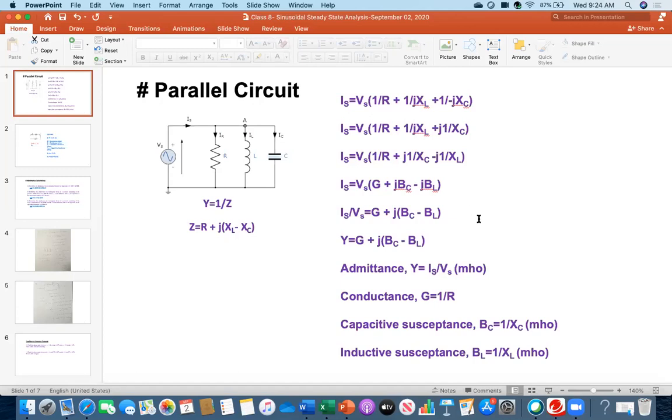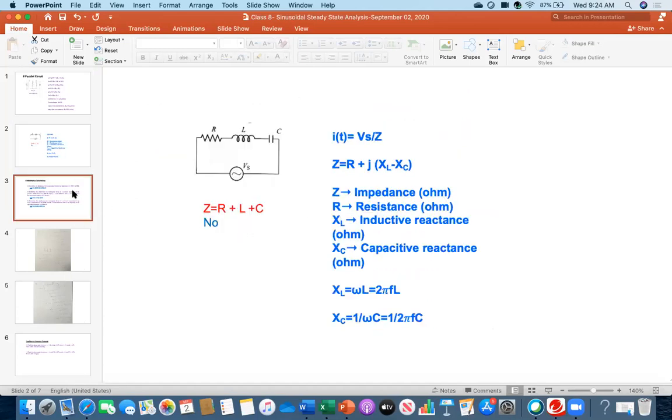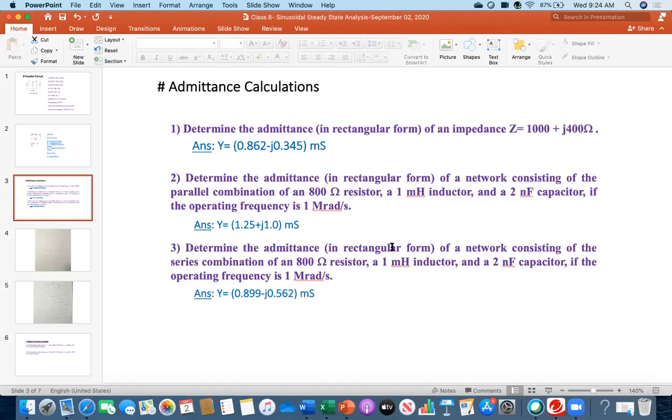Okay, now let's go to some numerical problems. Then it will be much clearer to you. Okay, so this is series here. Everybody see, I would recommend each of you be ready with your calculator and a piece of paper. Write along with me. I have set up 3 problems, all about admittance calculation.